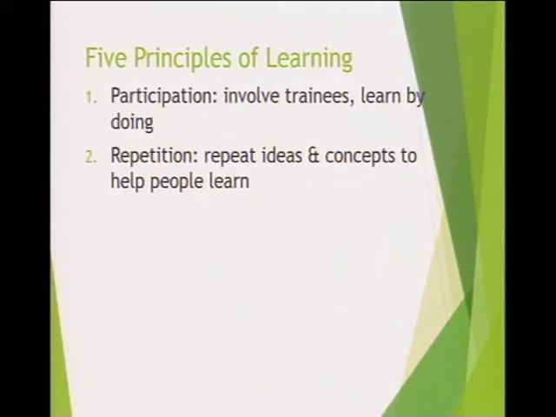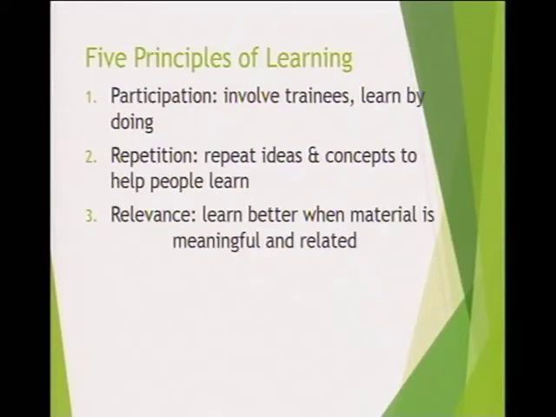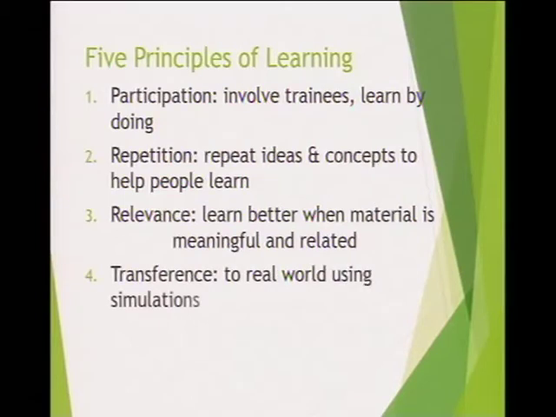The second one is repetition, repeating ideas and concepts to help people to learn. The third one is relevance, learning better when material is meaningful and related to the job and to their lives. The training should not be cut off from the rest of the world.